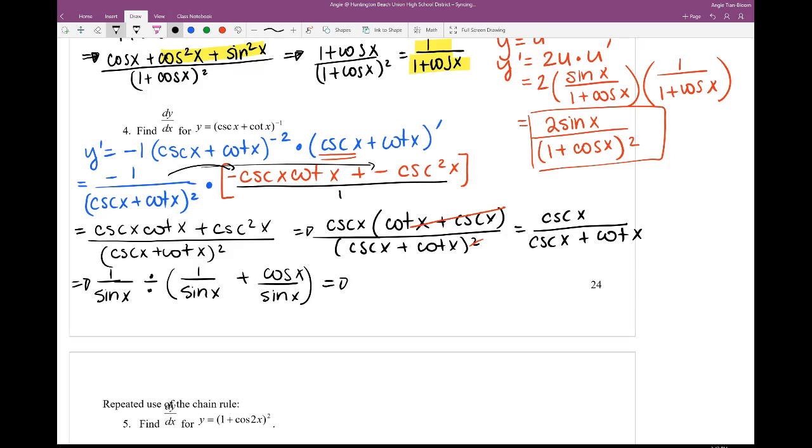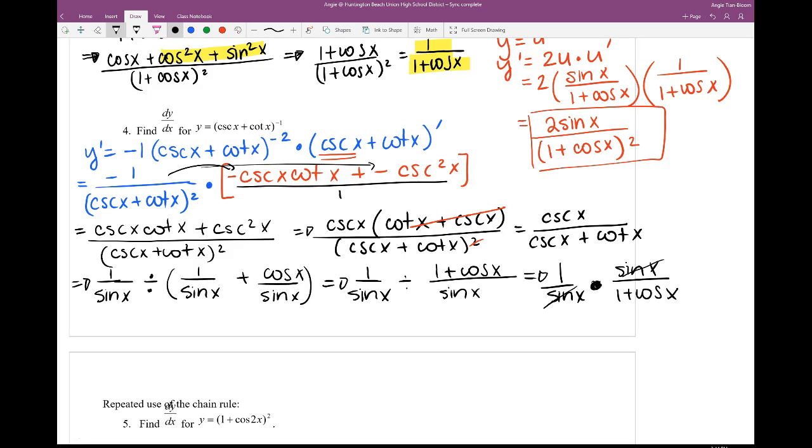The denominators are both sine of x, so I'm going to put the numerator over it because you are dividing by a fraction, so I'm going to multiply by its reciprocal. When I multiply by its reciprocal, can you see what's happening? Yep, sine and sine are canceling. So the derivative of cosecant of x plus cotangent of x to the power of -1 is 1 over 1 plus cosine of x.